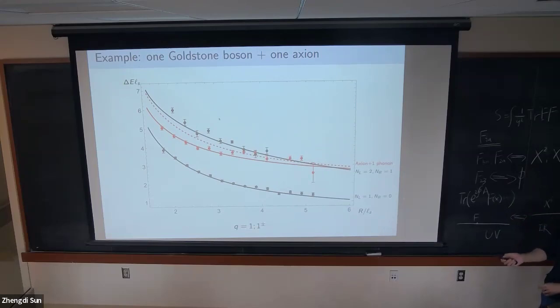And here we also show you the two predictions. One is the completely free spectrum given by the dashed line. And the second one is where we incorporate the interactions using the TT-bar deformation. We also see that here the TT-bar deformation captures very well the interaction between the phonon and the axion at rest.